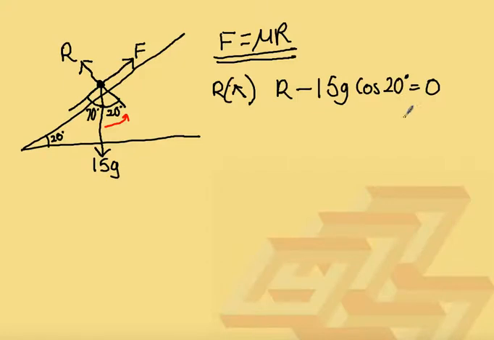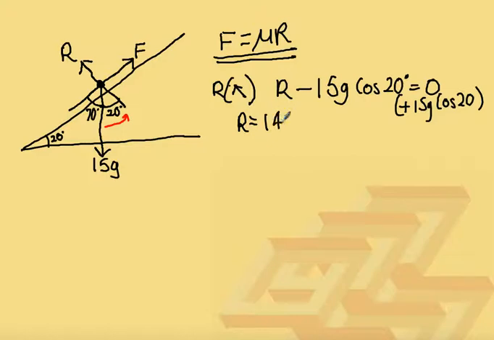Now, what I can do is add 15g cos 20 to both sides, and I will then find my reaction. So my reaction is given as 147 cos 20.